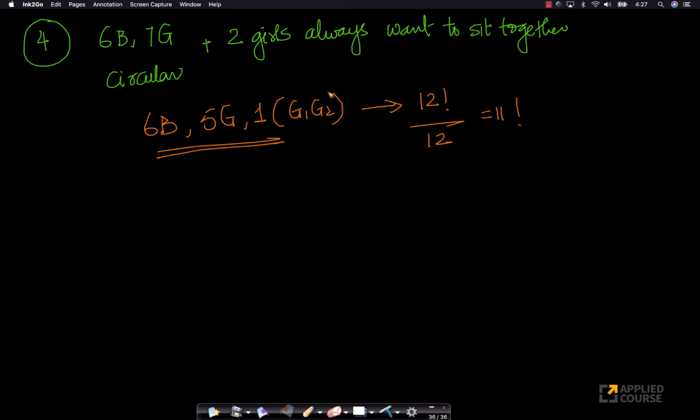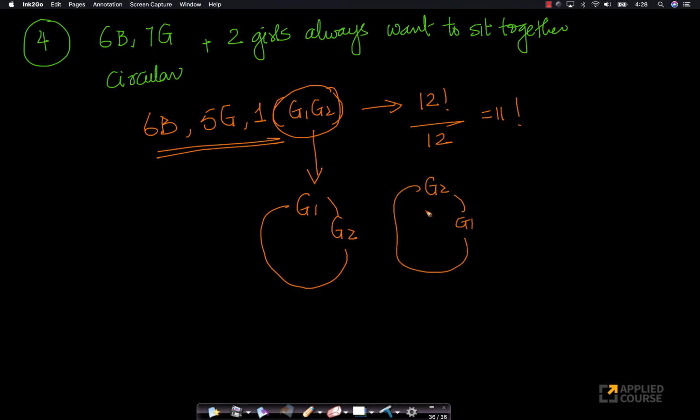Now these 2 girls, look at this. These 2 girls who are placed in the circular loop can be placed such that, in a clockwise scenario, G1 is before G2, or G2 is before G1. These are 2 different arrangements, with everything else being the same.